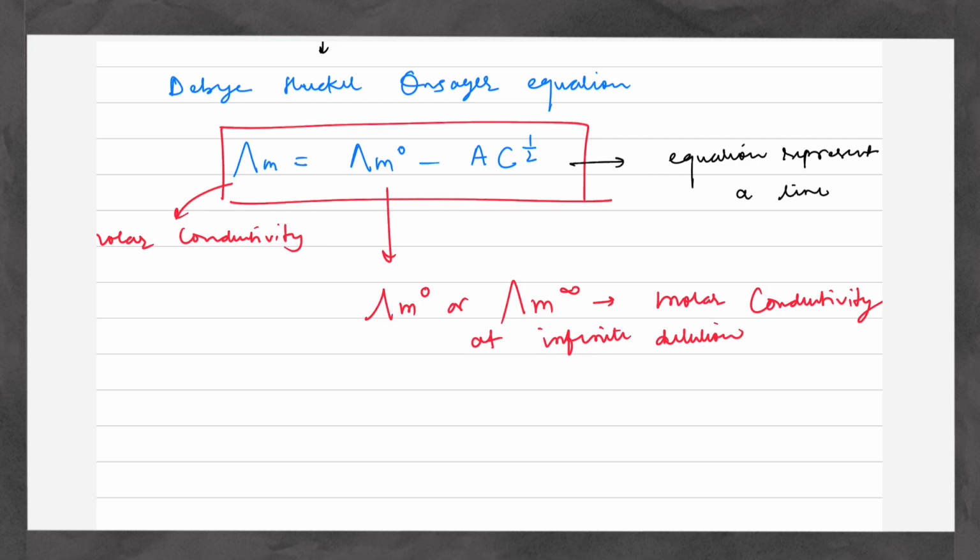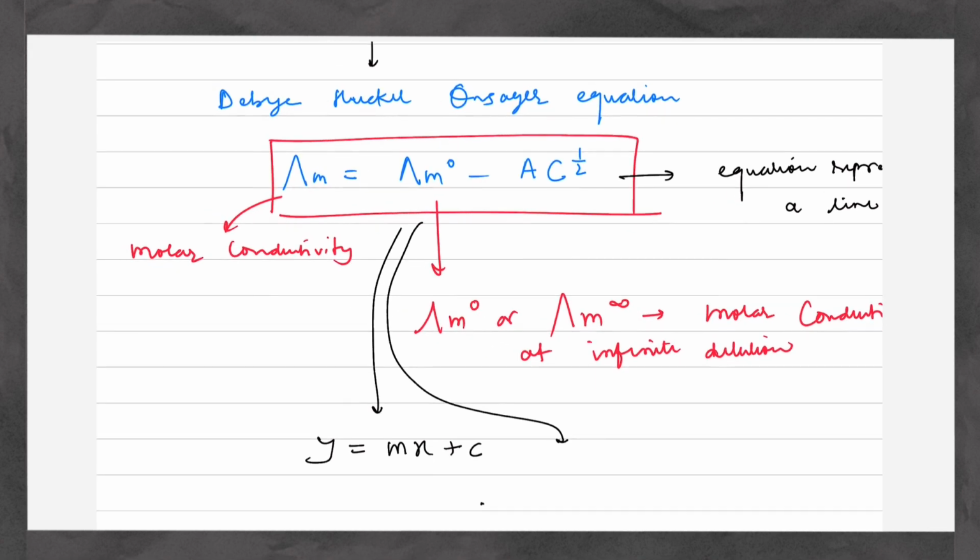If I compare this equation with y equal to mx plus c, I can see that the part a multiplied by c to the power 1 by 2 is mx. So I am rewriting this equation as del m equal to minus a c to the power 1 by 2 plus del m naught.